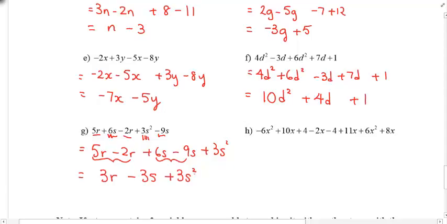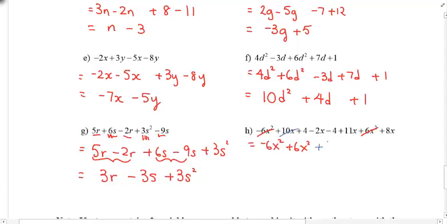Okay, H is the same, guys and gals, just lots of stuff. Yikes. So I'll do the x squareds first. I'm going to cross it out after I've written them down so I can see what's left over. Any other x squareds? Nope. Okay, so now let's do the x's.